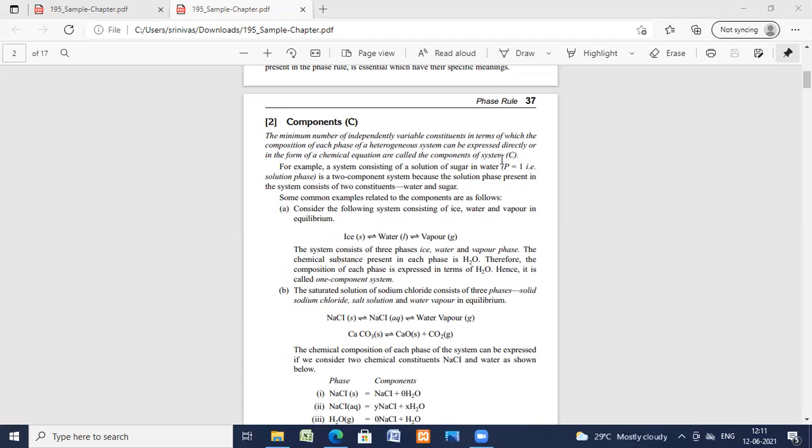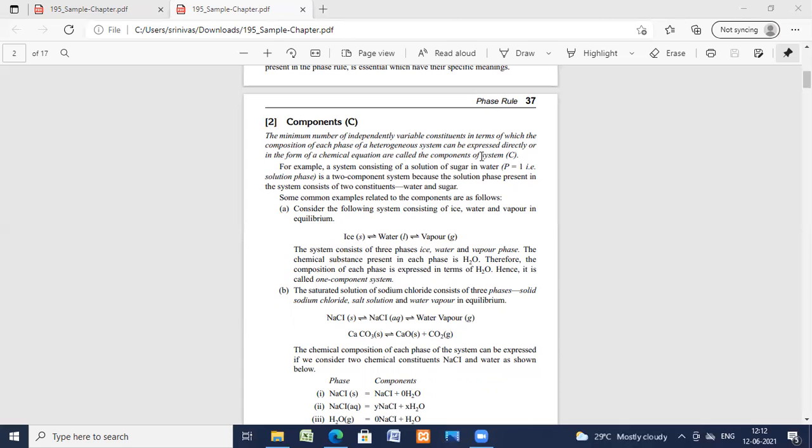I'm repeating: the minimum number of independently variable constituents in terms of which the composition of each phase of a heterogeneous system can be expressed directly or in the form of a chemical equation are called the components of the system. It is denoted by C.